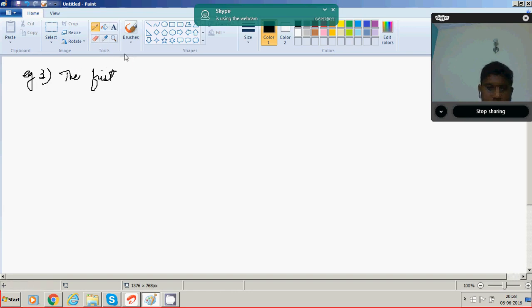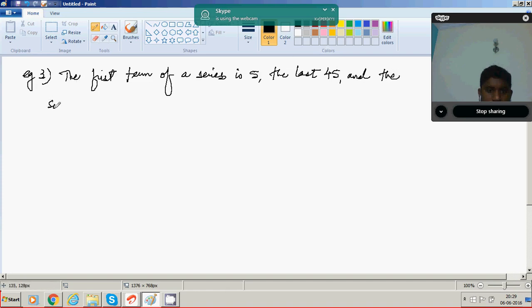The first... find the number of terms and the common difference.